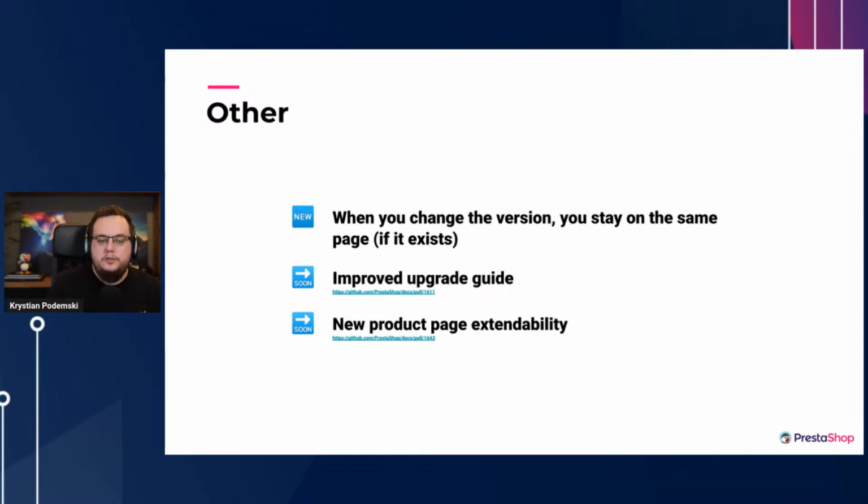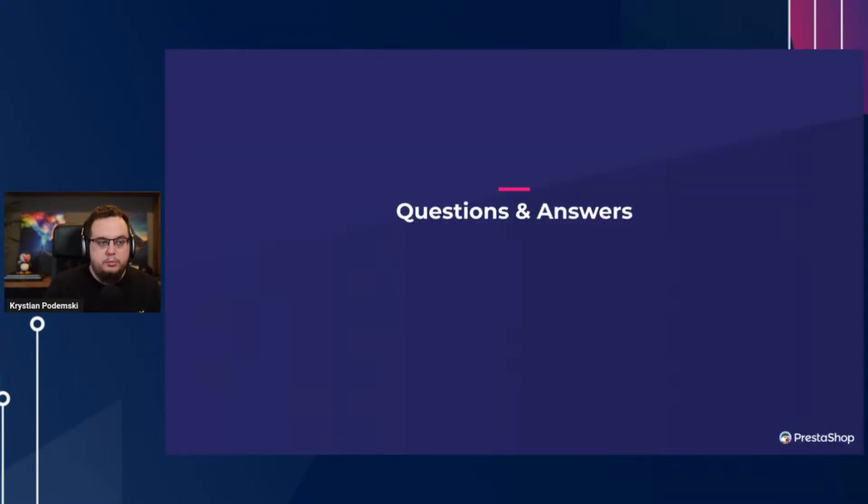So basically, it's a full tutorial and full example module on how to use new hooks versus old hooks, and a mapping of old hooks to the new hooks, a full migration guide on how to make your modules and solutions compatible with the new product page. So those two things are coming to the documentation, and changing the version and staying on the same page is already live. And that's basically it when it comes to the developer documentation improvements.